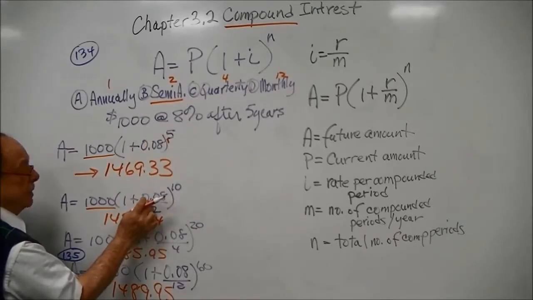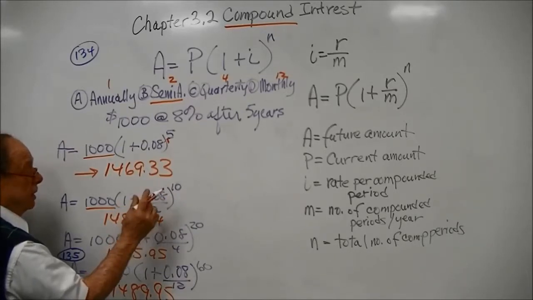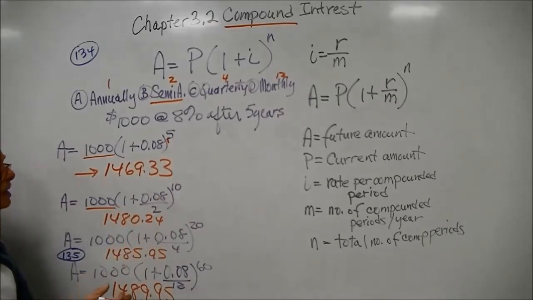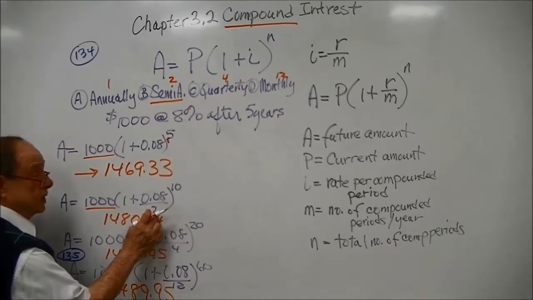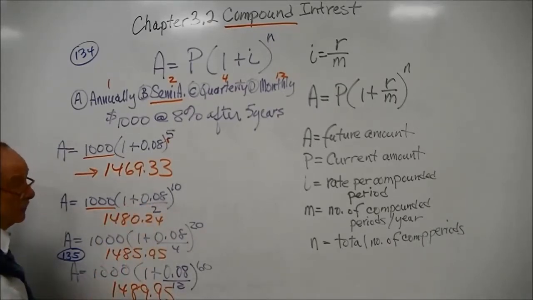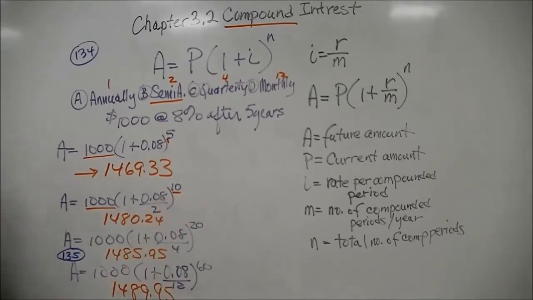This is going to give you a 0.04 here, plus 1. Now, the period of time that is going to be compounded is 5 years, but it's twice within a year. So it's 2 times the 5 years. So it gives you a total of compounding periods of 10.